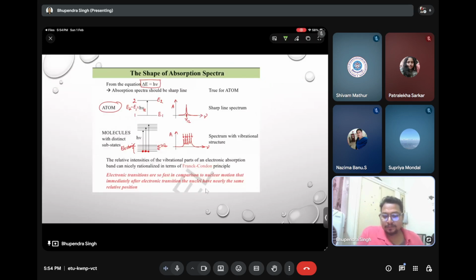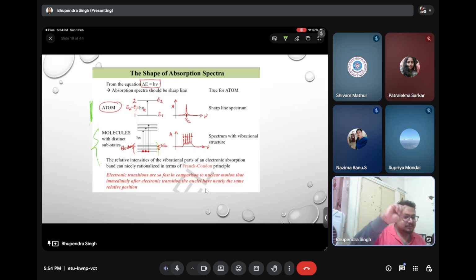For the atomic case, I have already explained like this. If this is the case, only one wave, the absorption will come at only one wavelength, right? Because of the sharpness, only one transition is there. But when it is a molecule, a lot of vibrational states and rotational states are there, as depicted here. These are the vibration states. So all the transitions are possible.